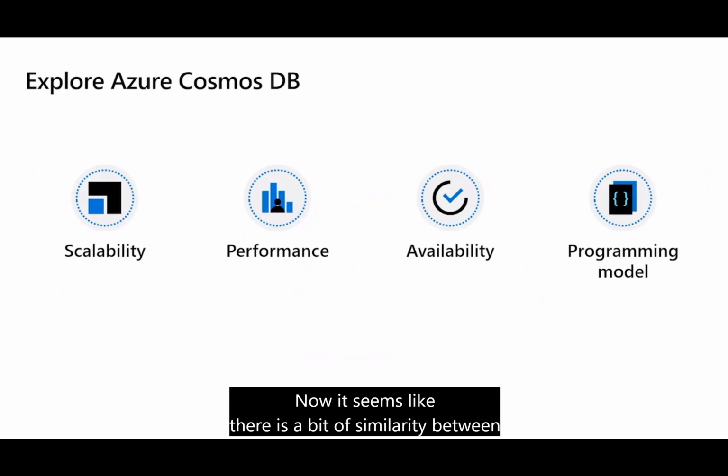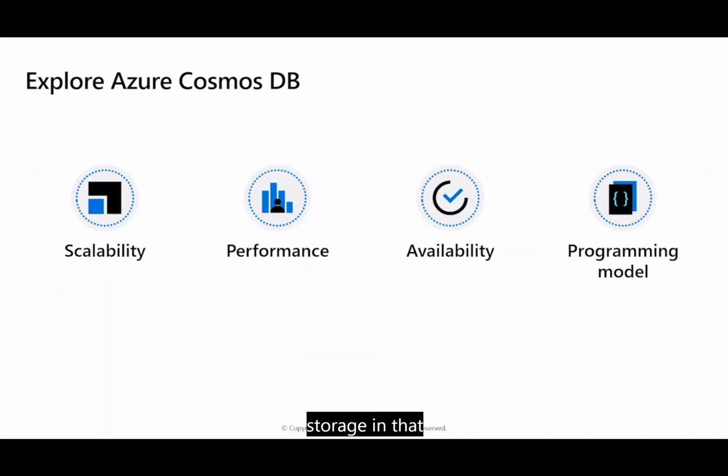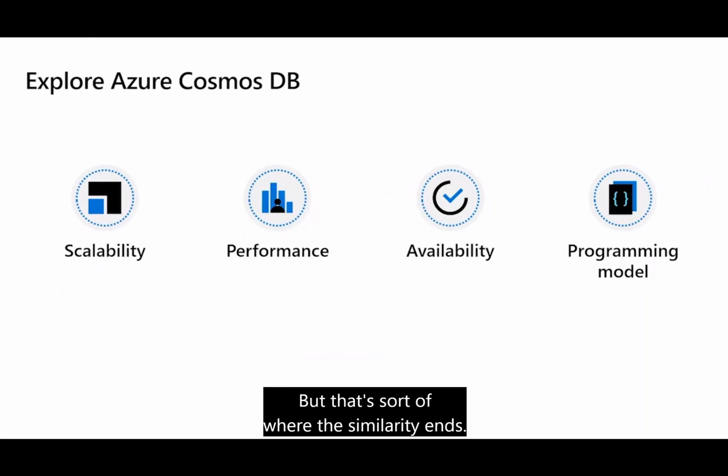Now, it seems like there is a bit of similarity between an Azure Cosmos DB container and a table in Azure Table storage in that data is partitioned, so documents in Cosmos DB and rows in a table, and that they're both identified by some unique ID within the partition, but that's sort of where the similarity ends.